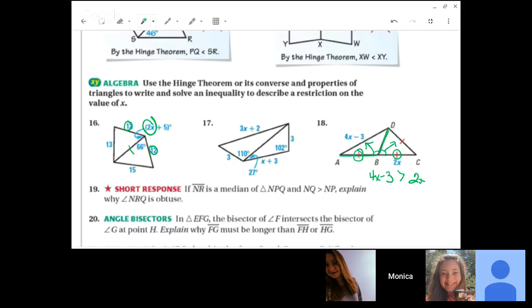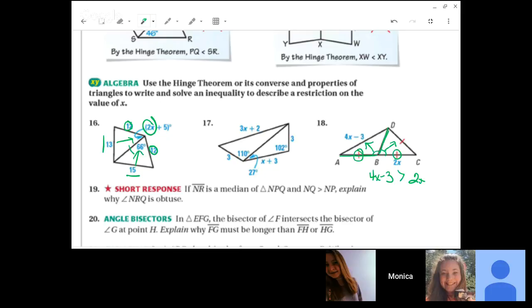So we know if we look at the sides that we have here, they go with these angles, right? And according to the hinge theorem, the one with the largest measure is across from the largest angle, okay?